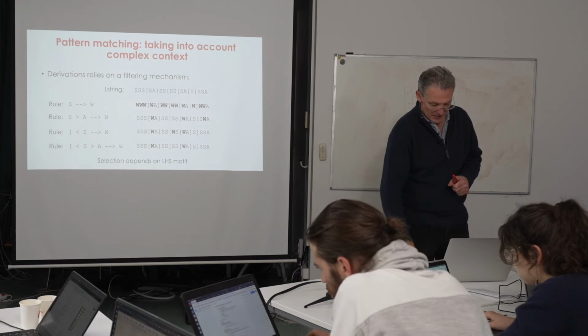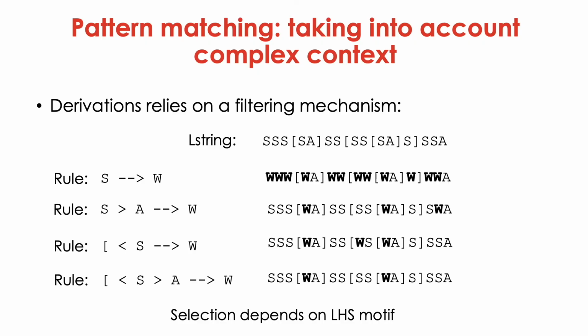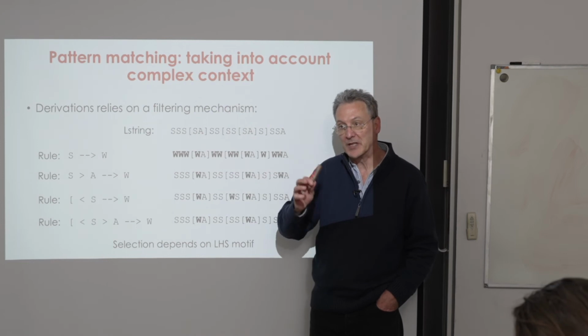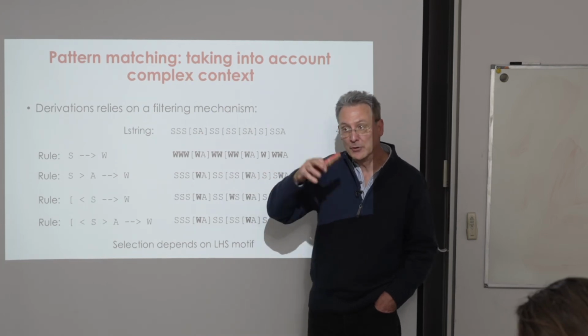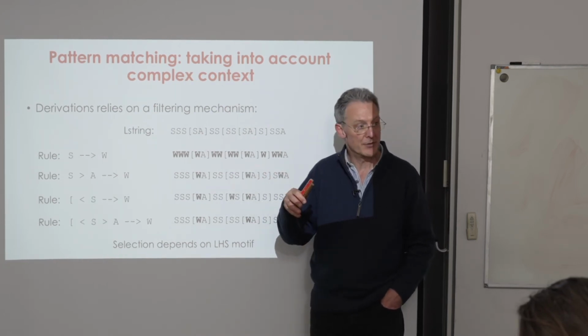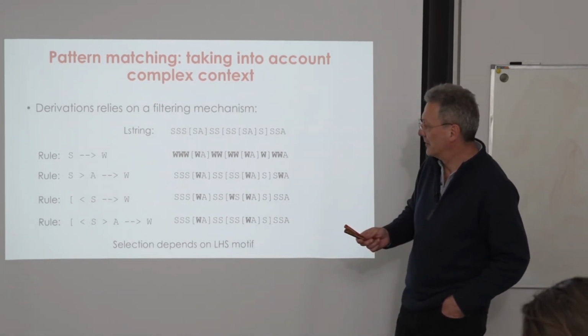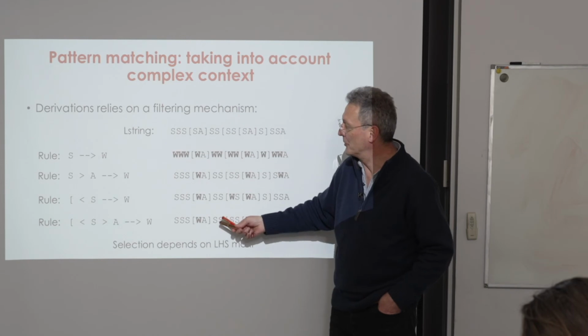It is possible to make more complex pattern matching for the context than just trivial A or trivial B. You can match a full subtree in your structure. So here I was trying to explain how it goes.